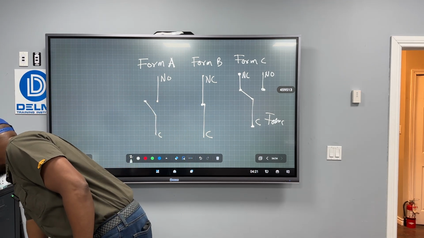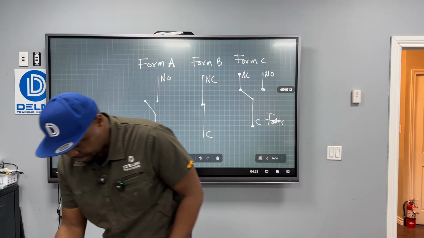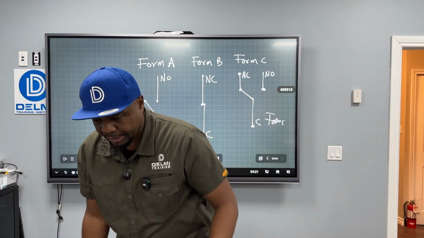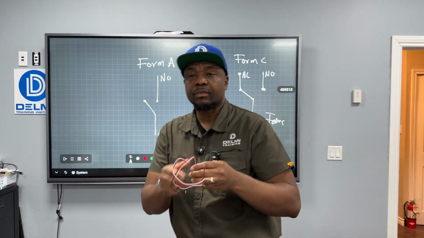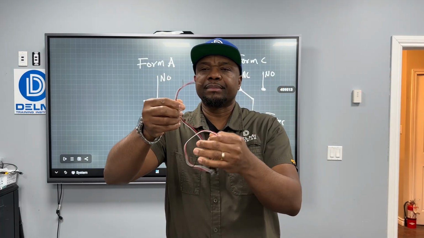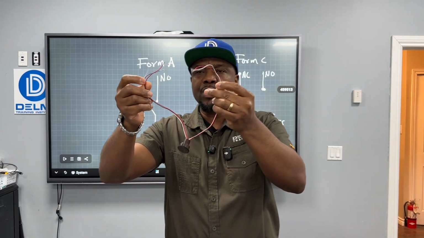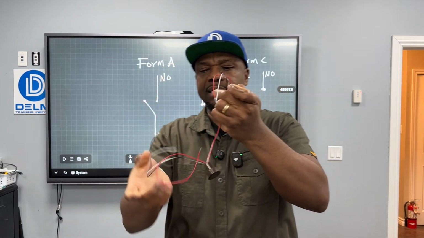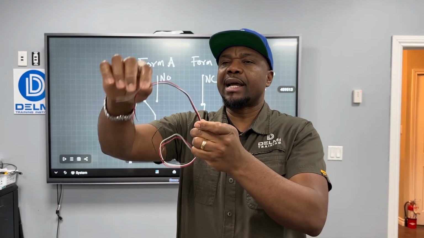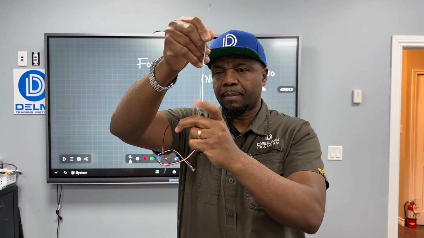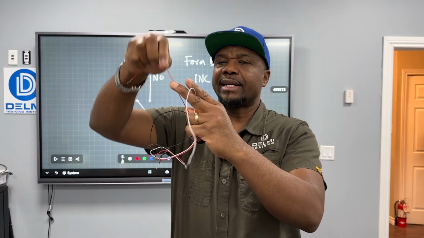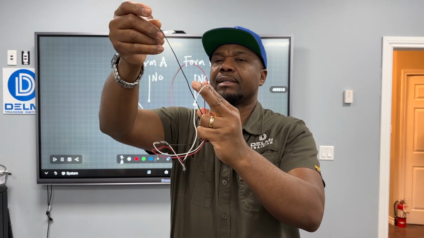I think I kept it here. Let me just grab that for a second. Here. So let's look at this one. This is a double pole, double throw recessed. Let's count how many wires we have here. We have the white, we have the red, and we have the black.